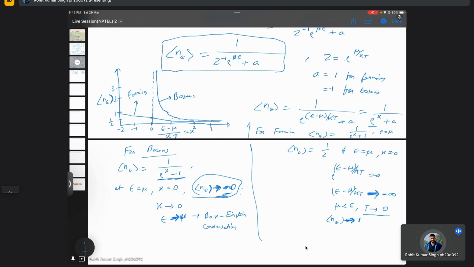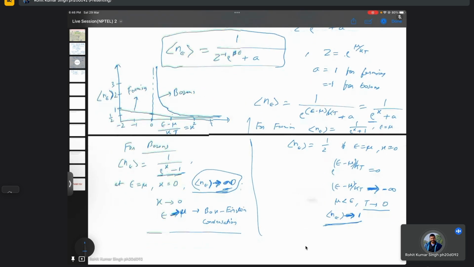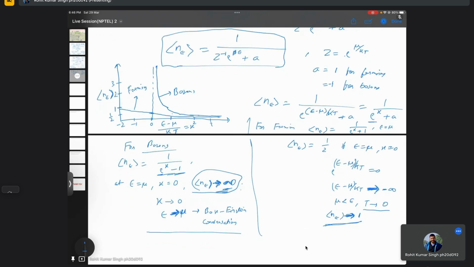So in the case of fermions, the mean occupation number cannot exceed one. And this preserves Pauli's exclusion principle, that none of the energy states can have more than one fermion. And for bosons we get a state where the occupancy number tends to infinity, which is the condition where Bose-Einstein condensation occurs.